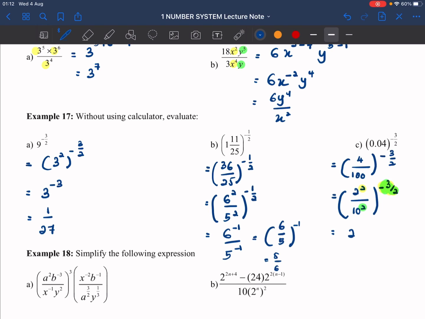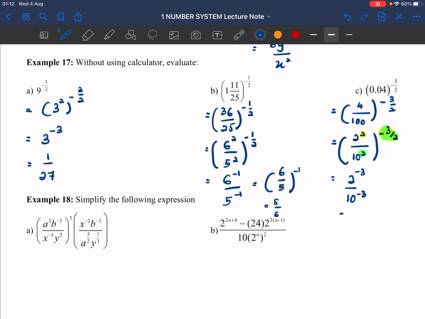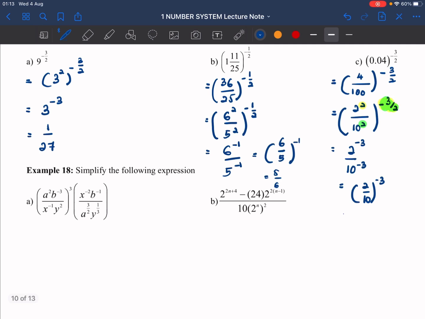So kita akan ada 2 to the power of negative 3 over 10 to the power of negative 3. Okay, so sekalikan 2 over 10 to the power of negative 3. 2 over 10 is equals to 1 over 5 to the power of negative 3. So straight away kita akan dapat 1 over 25.